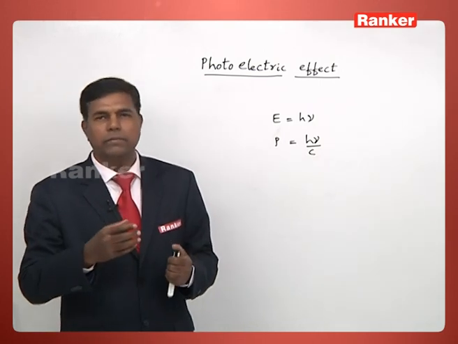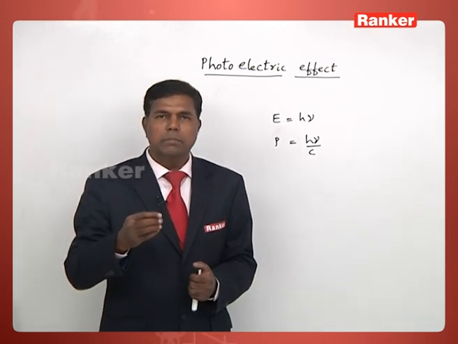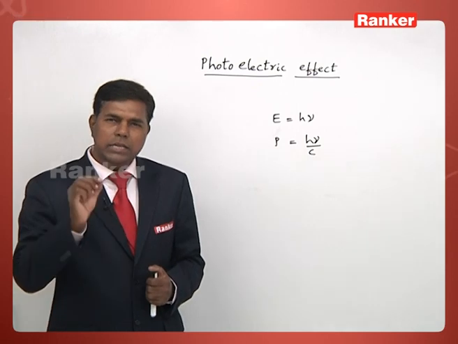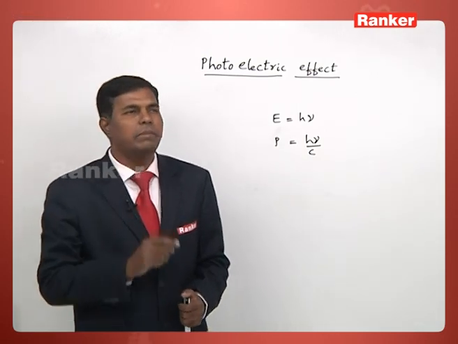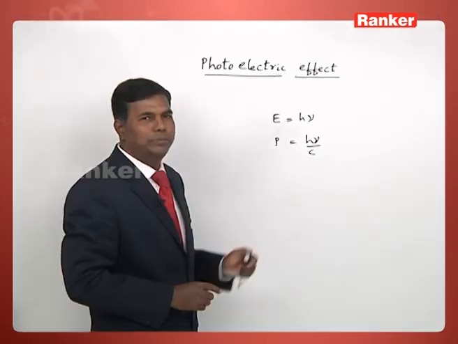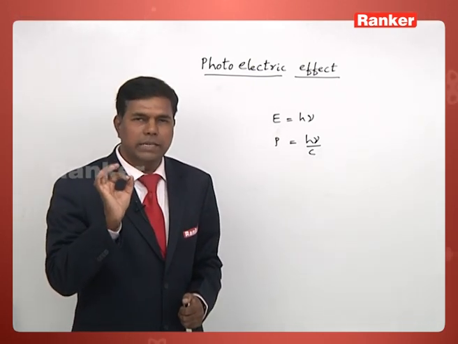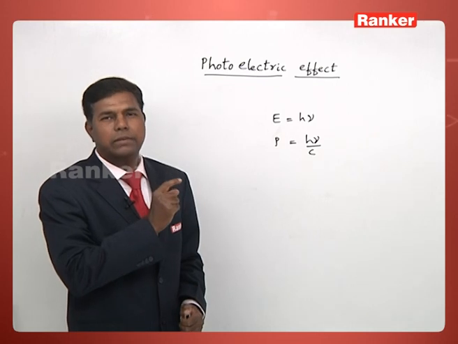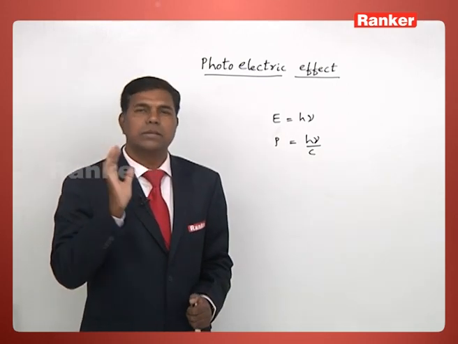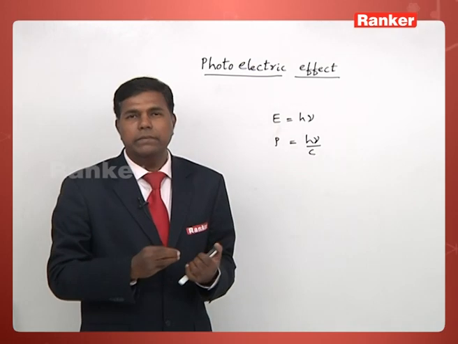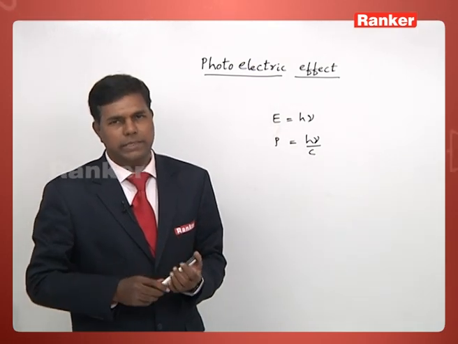That is, the number of photons incident per unit area per second increases. But each photon will have the same amount of energy h nu. That is, as long as the frequency of radiation remains the same, the energy of radiation remains constant. Even if you increase the intensity, the energy of each photon will not increase.